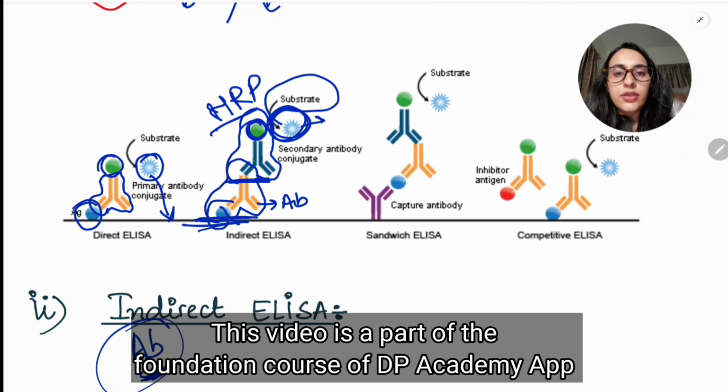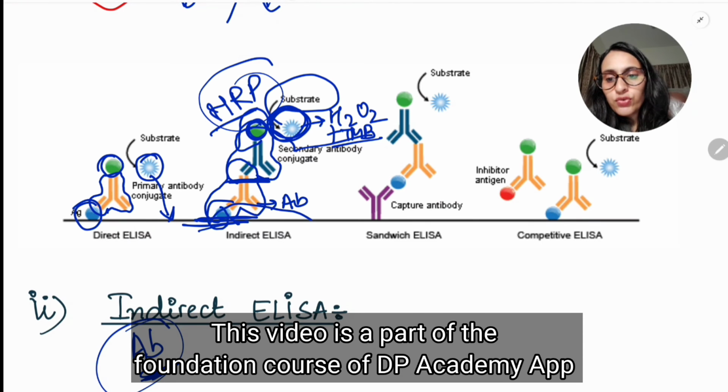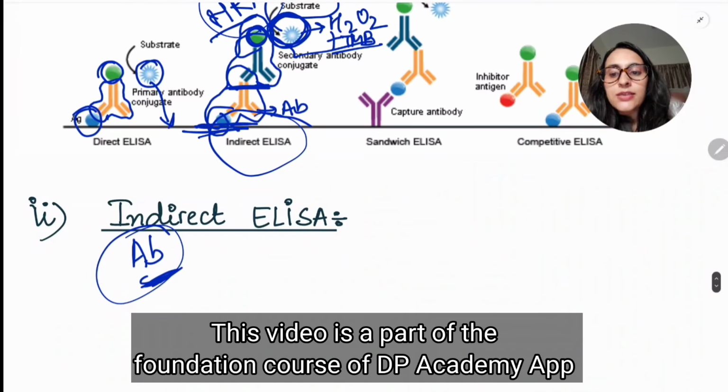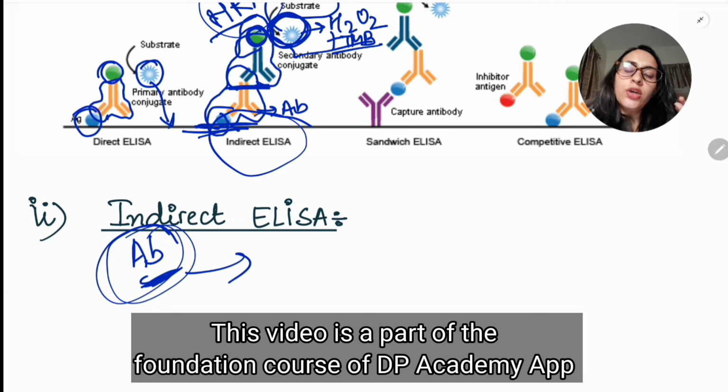This substrate contains hydrogen peroxide and also tetramethylbenzidine, which is the chromogen. When it reacts to this secondary antibody, which contains the HRP, it is going to show the color. If color comes, it means antibody is present. Here it is for antibody detection because we are taking antibody from the patient sample. Intensity of the color is directly proportional to the antibody concentration.